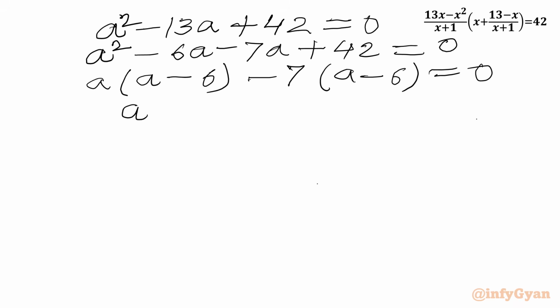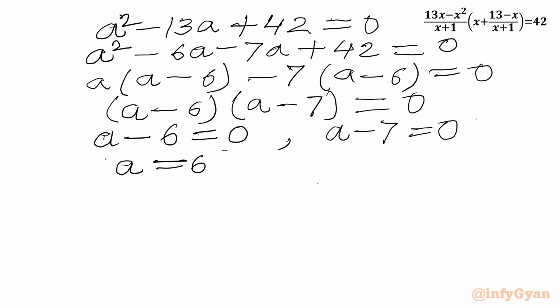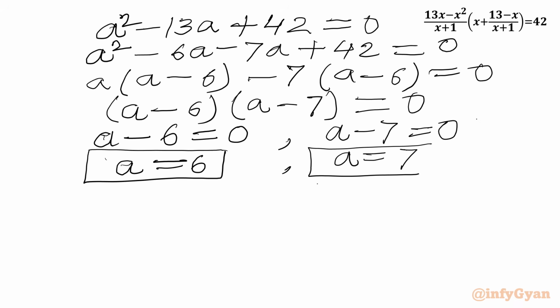Now a minus 6 is common. We will write the factorization: a minus 6 times a minus 7 equal to 0. We'll use the product 0 rule. So either a minus 6 equal to 0 or a minus 7 equal to 0. From the first equation, we'll get a equal to 6. From the second equation, we'll get a equal to 7.